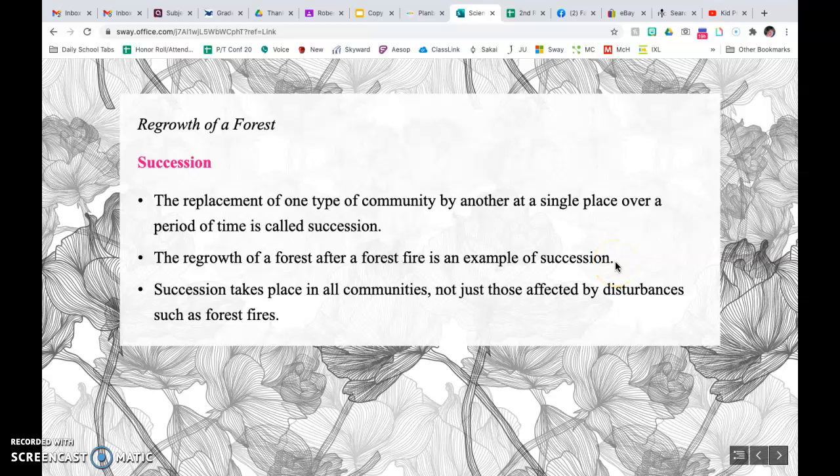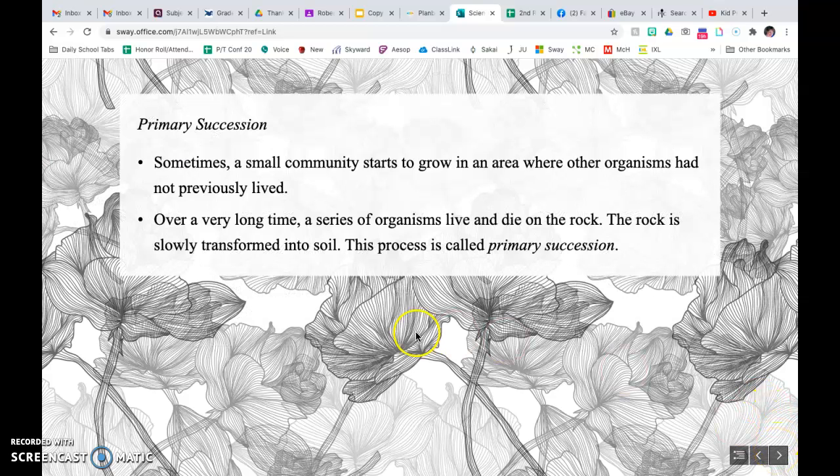Think back to when we had the fire here in the mountains. Now they're going through secondary succession. Succession takes place in all communities, not just those affected by disturbances such as forest fires. So succession is always occurring.